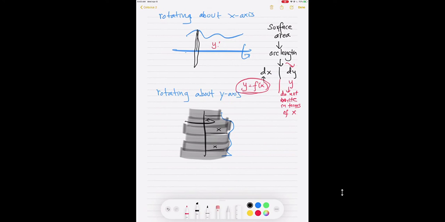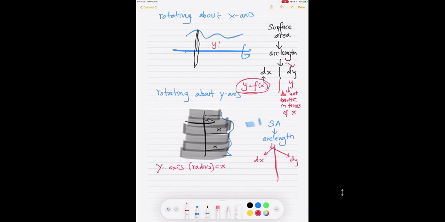So when I'm talking about the surface area, the component in surface area is arc length. So again, I'm going to decide arc length, do I use with dx or with dy? Remember, you're going about the y-axis, so you know that the radius is x.